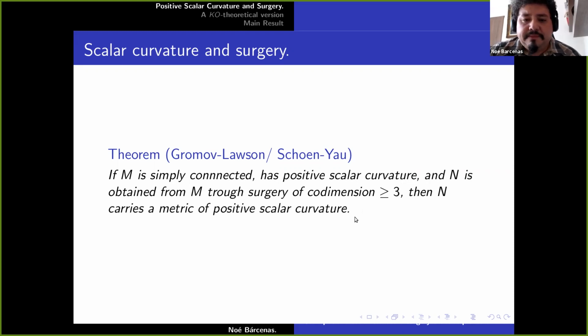So in the simply connected case, if you have enough space to do surgery of codimension at least 3, then you can construct a metric of positive scalar curvature.